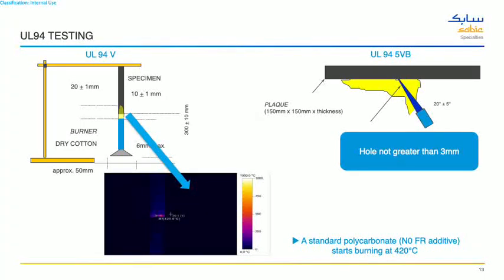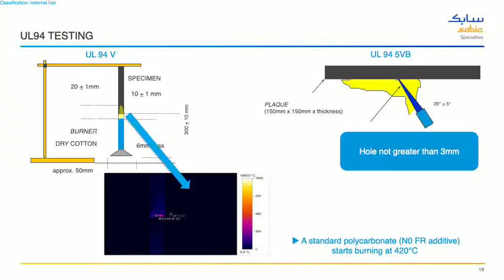It's a very strict regulation test. You have a flame bar and a Bunsen burner at the bottom. You burn it for 10 seconds and then have another exposure. The thing is, if you have a very good rating, it should not drip and has to self-extinguish on its own.